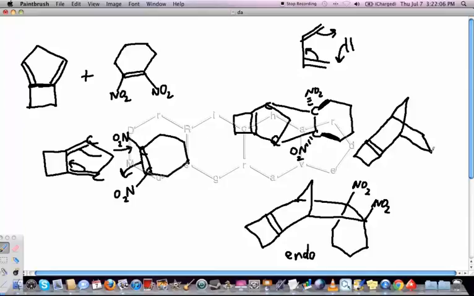And I'll have the other one with the ring pointing upwards. And the NO2 groups sticking downwards. And this would be exo right here.